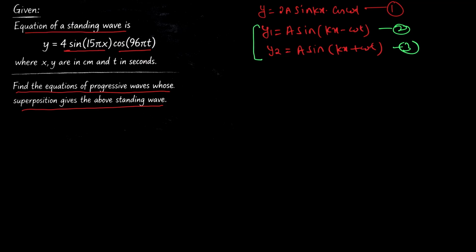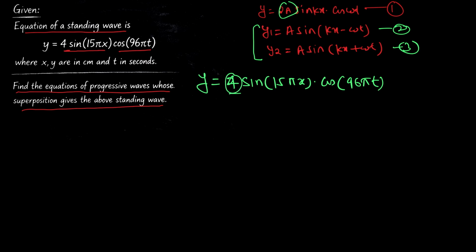So if this equation is a standing wave, y is equal to 4 sin 15 pi x into cos 96 pi t, then in place of 2a, it's 4. It means a is equal to how much? 2. In place of omega, that is 96 pi. And in place of k, that is 15 pi.